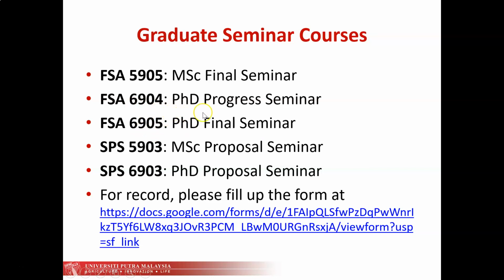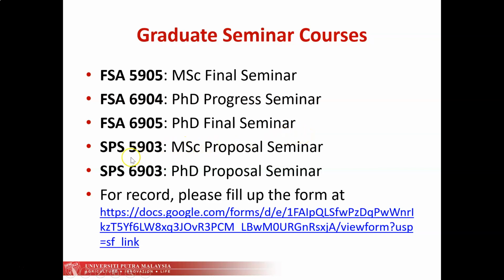Oh, you have three presentations. In some places they only have two, the proposal and the final. So this is a new thing for me. For the faculty, I suppose there are three: the PhD progress seminar, and then 6905, the PhD final seminar.